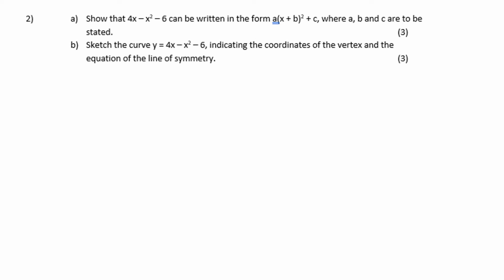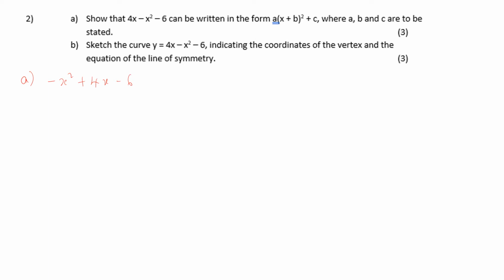Okay, 2a. This was a tricky completing the square, part A. It was a nasty one. Write it as minus x squared plus 4x minus 6. Now you cannot multiply through by minus 1 because it's not equal to 0. It doesn't say equal to 0, so you can't do that. You can't write it as x squared minus 4x plus 6. Don't do that.